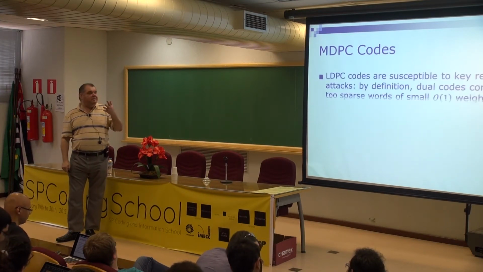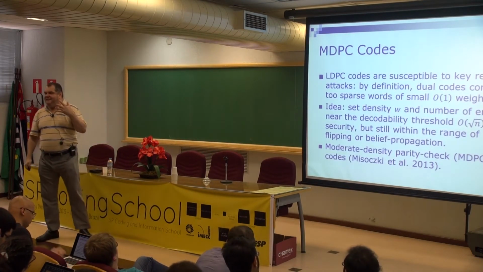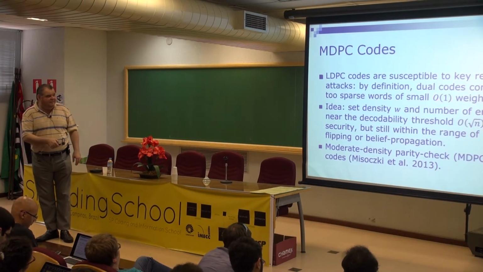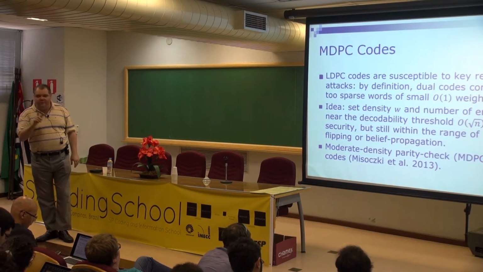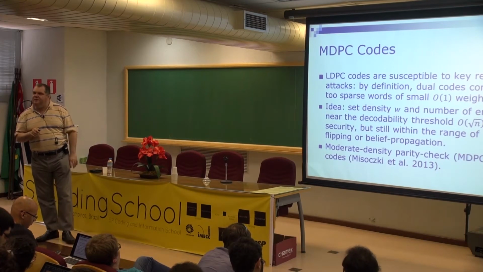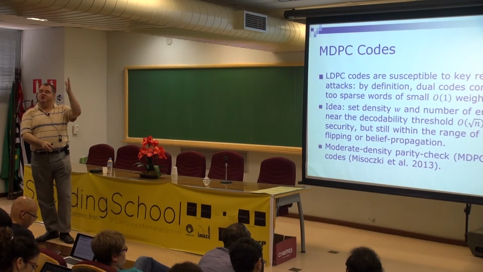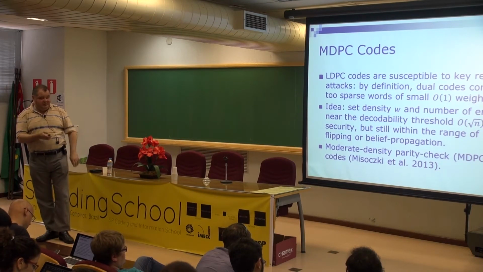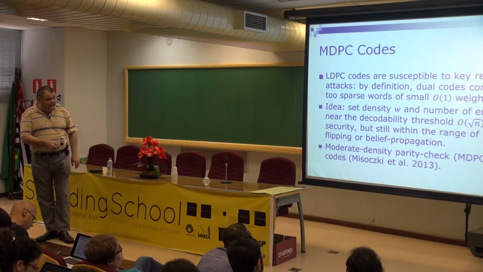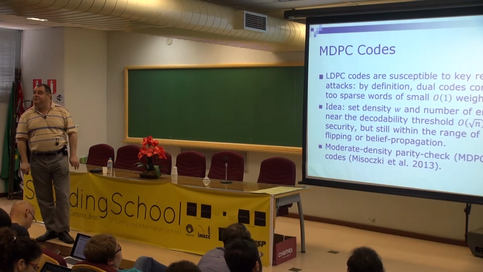What if we increase a bit the density? Instead of a very small order of one, a constant small number of non-zero positions on each column of the parity check matrix, how about increasing that to order of the square root of n?